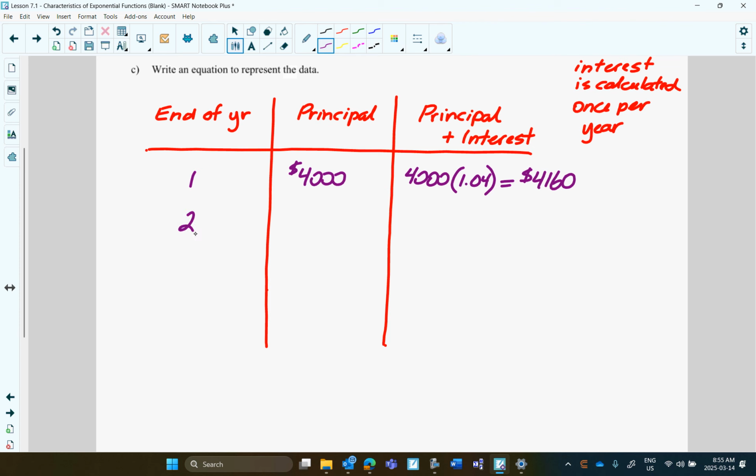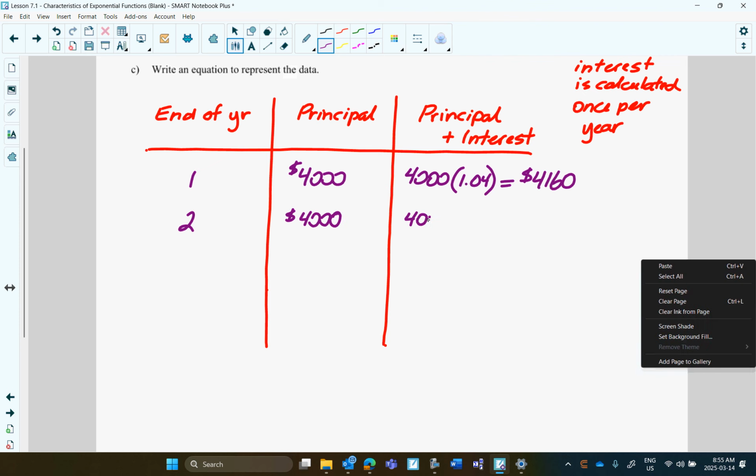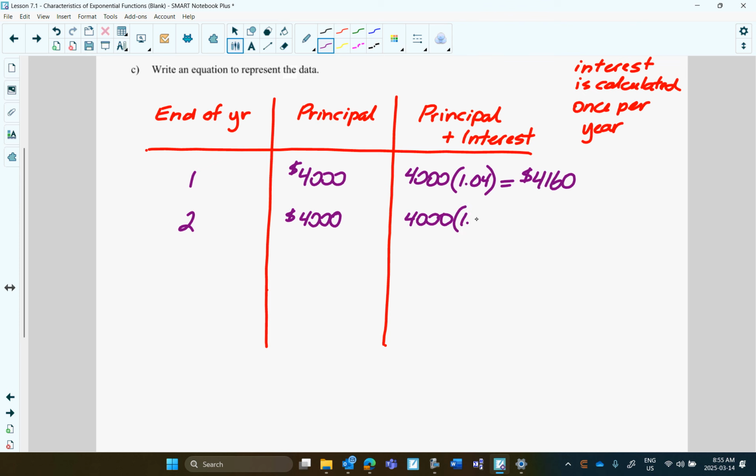End of year 2. Remember, our principal is still 4,000. This is our amount after year 1, right? What do I do now to this to get the amount after year 2? For year 1, I do 4,000 times 1.04.